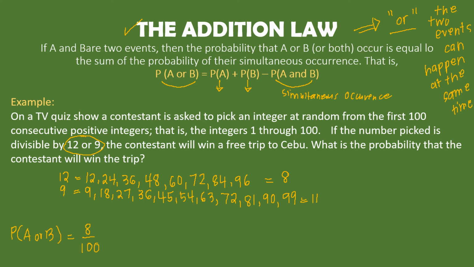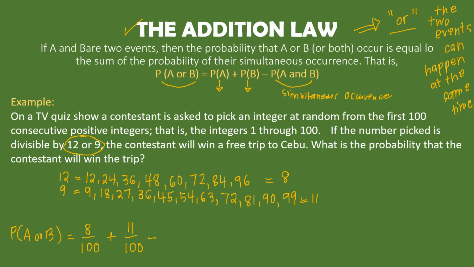The probability of getting a number divisible by 9 is 11 over 100. Then you will subtract the probability of getting a number that is both divisible by 12 and 9.